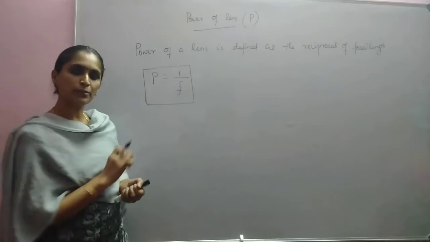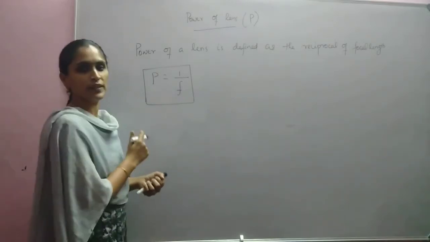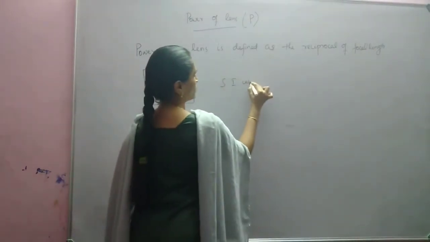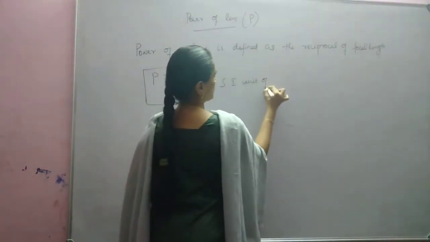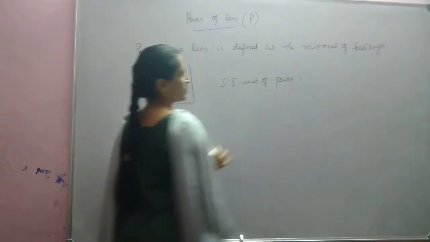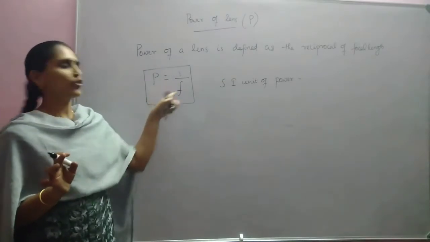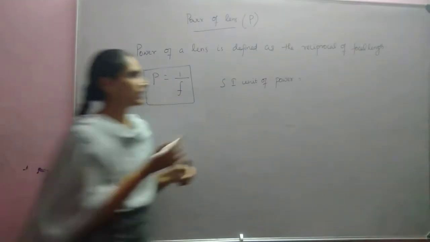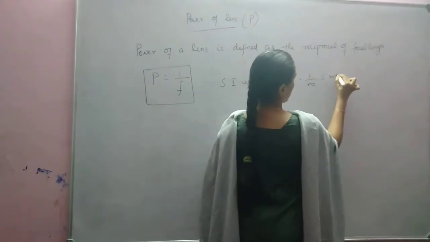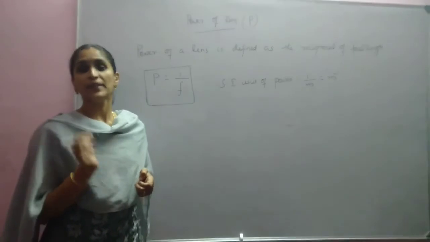From this expression, what will be the unit of power? The SI unit of power is 1 by focal length. One has no unit, and focal length is represented in meter, so we can write 1 by m, which is meter inverse.